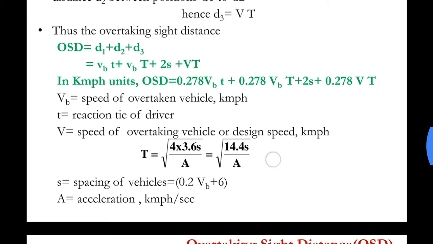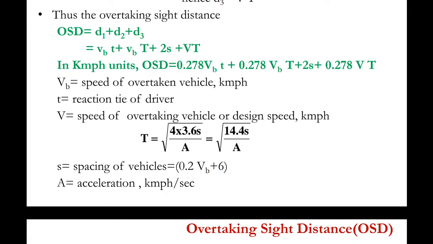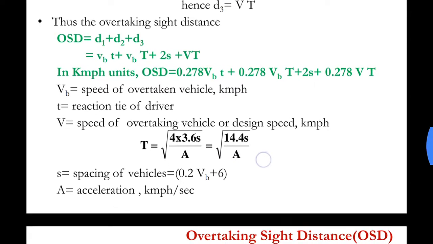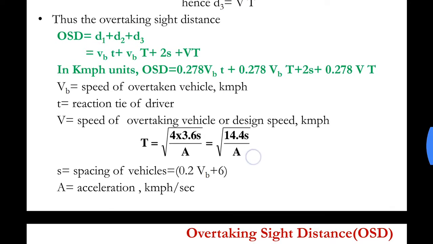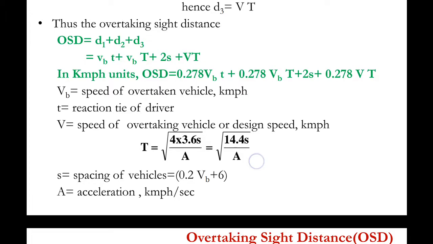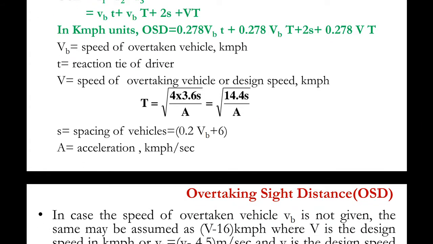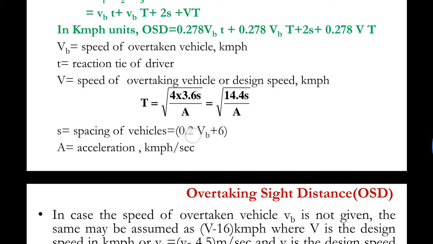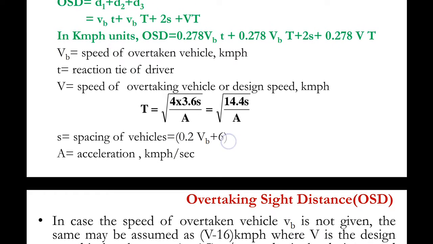It would be root of 14.4 s by a, and here the a, that is acceleration, would be in kmph per second, and the formula for spacing will also change. It will be 0.2 Vb plus 6.